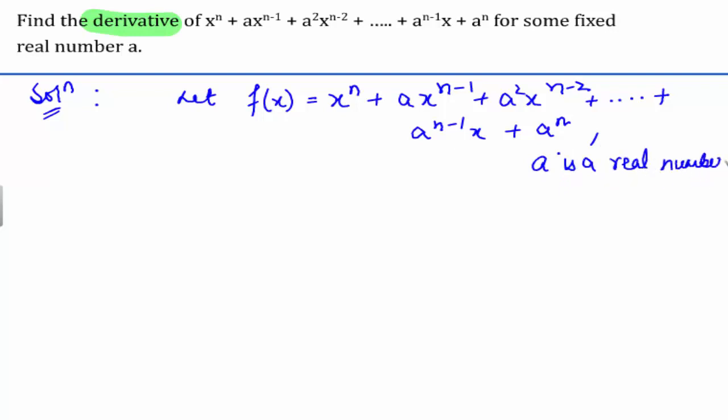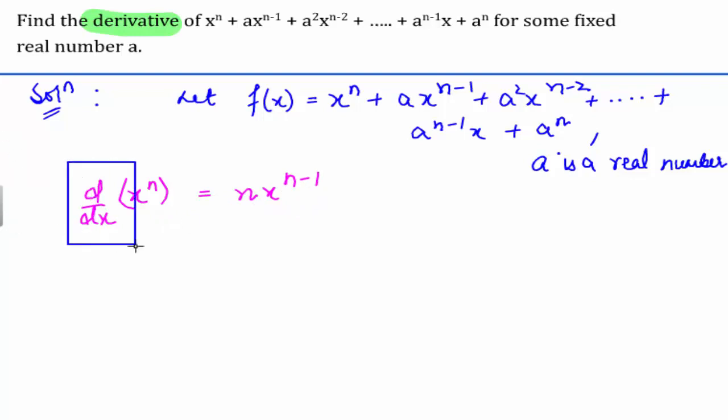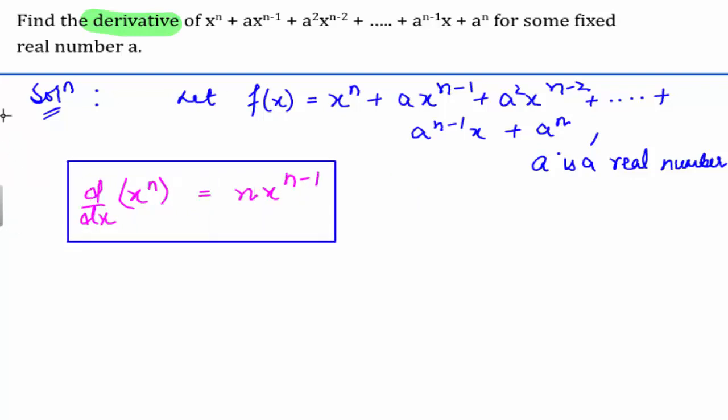Now we know that derivative of a function x raised to the power n with respect to x is given by n into x raised to the power n minus 1. Therefore, we will be using this to find the derivative f dash x.